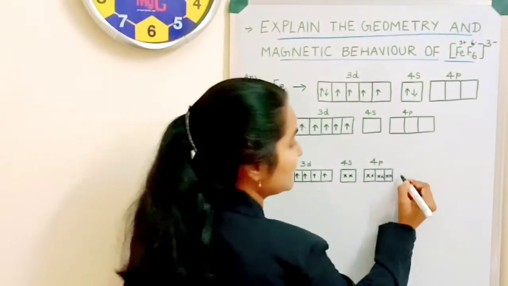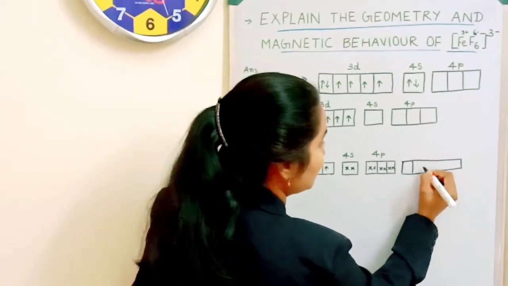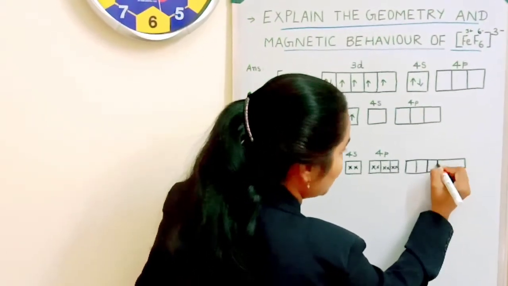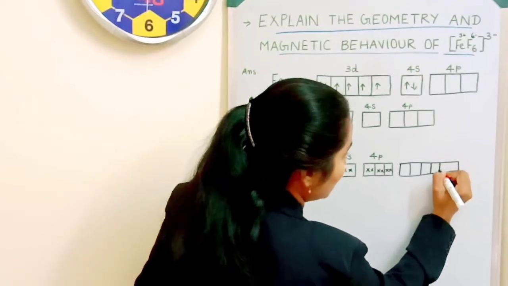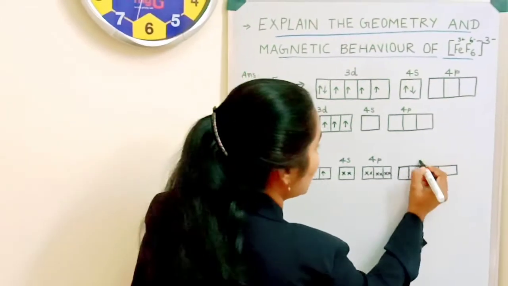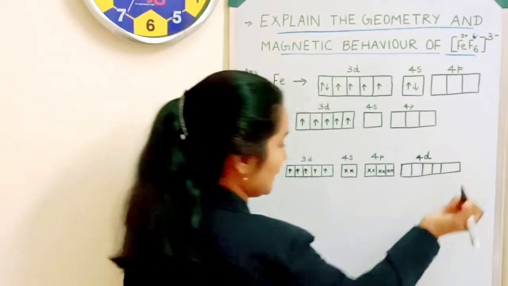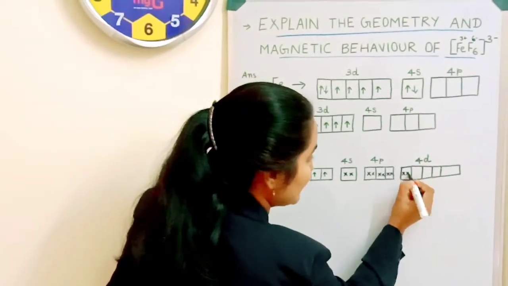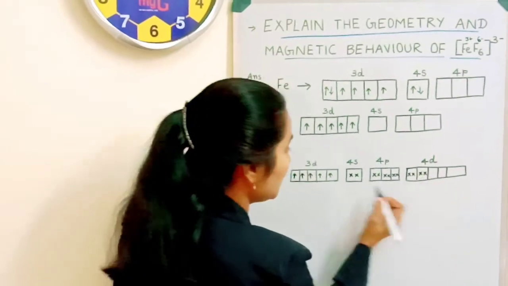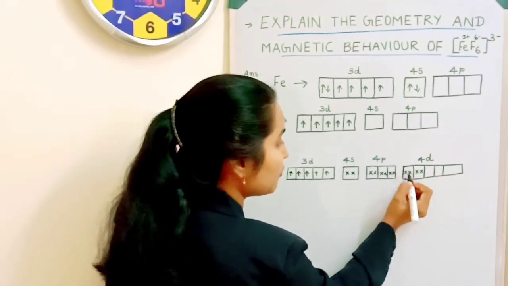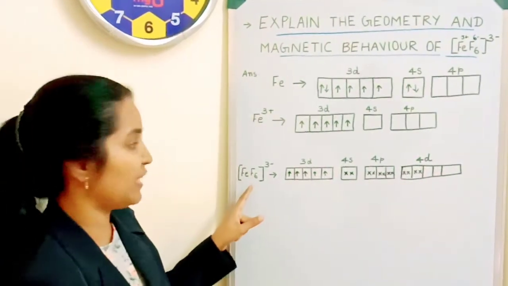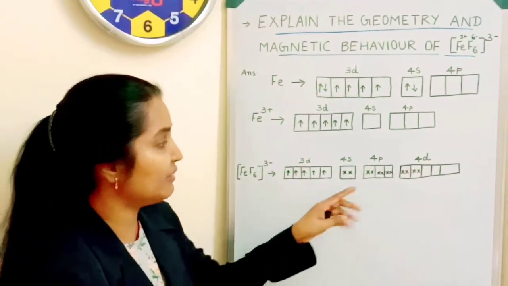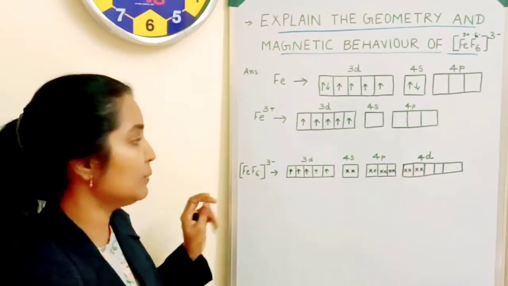So we will consider the outer 4d orbitals of the metal ion too. So this is the 4d orbital of the metal ion. This next 2 pairs will occupy here. So 1, 2, 3, 4, 5, 6. 6 pairs of F- ligands occupied the vacant orbitals of the central metal ion.